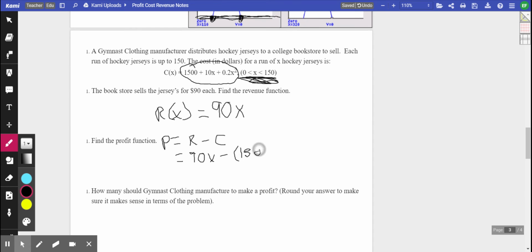Make sure that when we're doing this out, we distribute the negative to all 3 terms that are here, including 0.2x squared. When I combine like terms and distribute that negative, I get negative 0.2x squared plus 80x minus 1500. So that is our profit function.